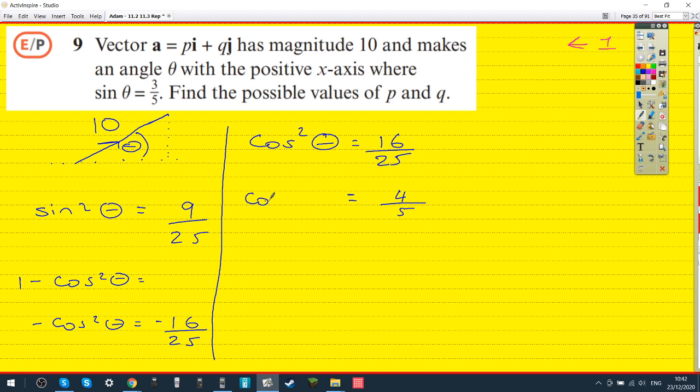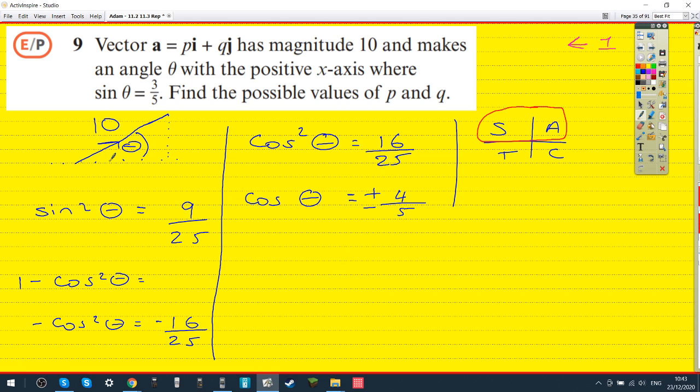So cos theta equals 4 over 5. There's one more possibility: plus or minus 4 over 5. Yeah, because sine could be either the top right, where cos is positive, or top left, where it's negative. So plus or minus 4 over 5.